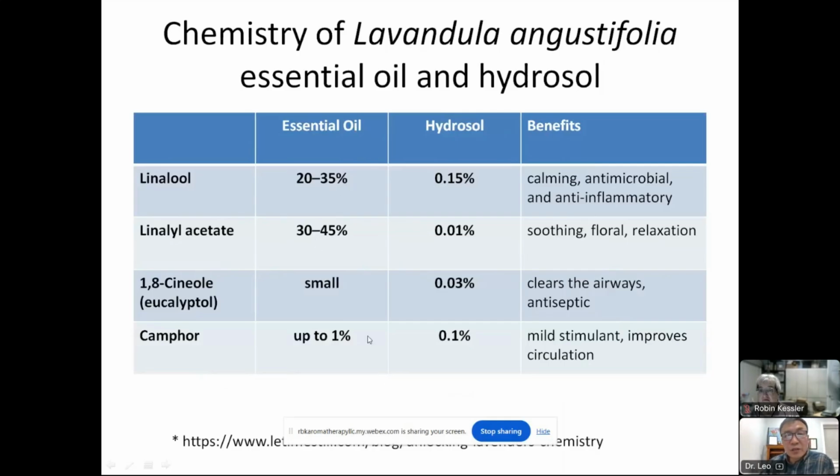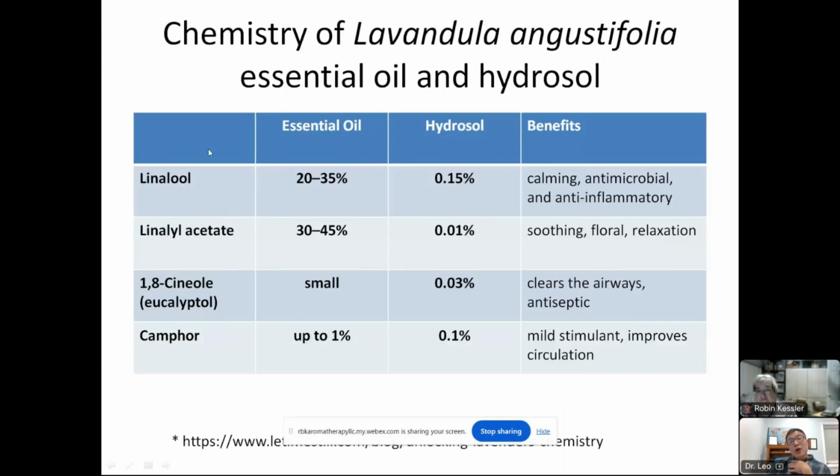The camphor depends on the breed of the lavender. English lavender has a pretty low camphor, but lavandin has a much higher amount, which can reach about 10%. And 1,8-cineole is a small amount. It has another name, eucalyptol. From the name, you can tell it mostly comes from eucalyptus.